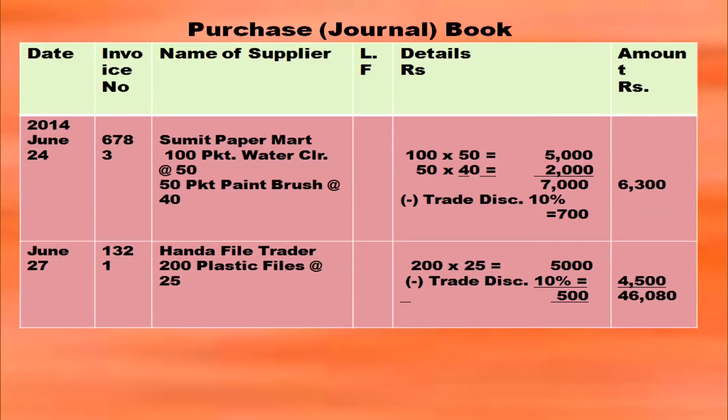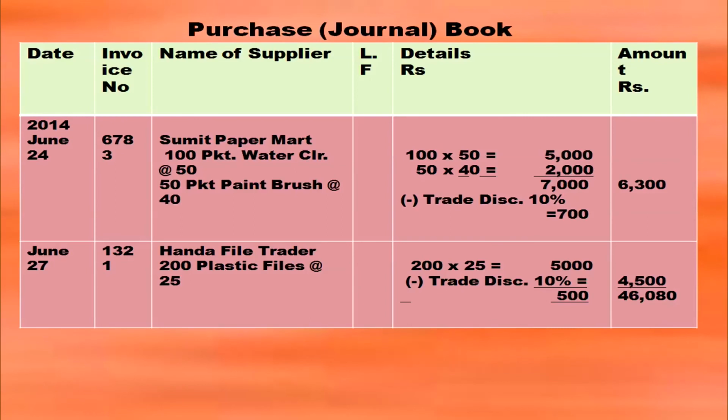So, 5,000 plus 2,000, 7,000. Trade discount at 10% is given in the question. 7,000 into 10 by 100 will give you 700. 7,000 minus 700 will give you 6,300. Net amount will come in the amount column.